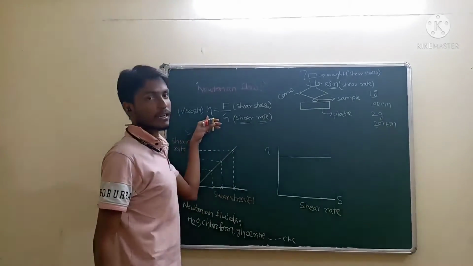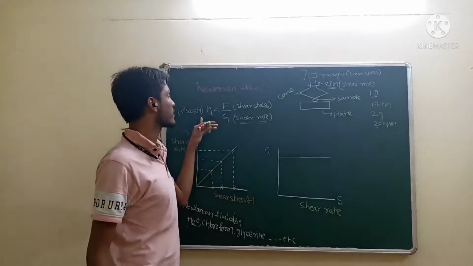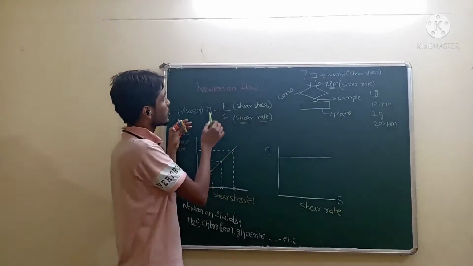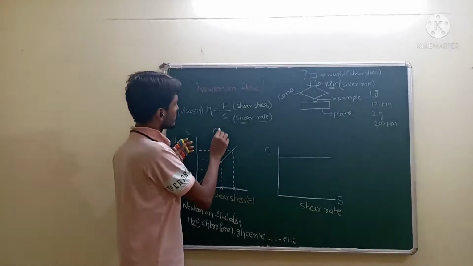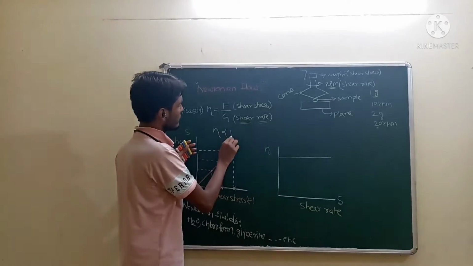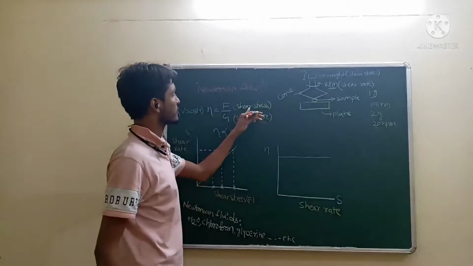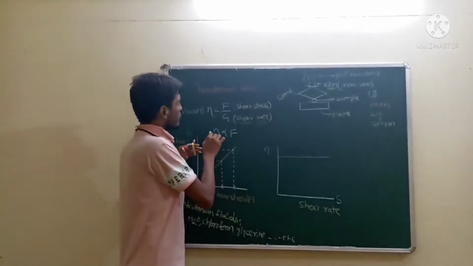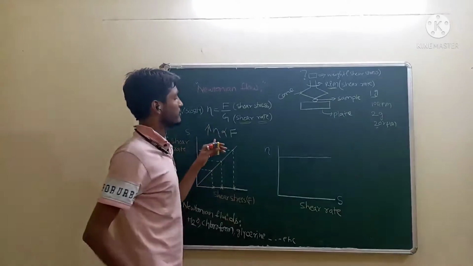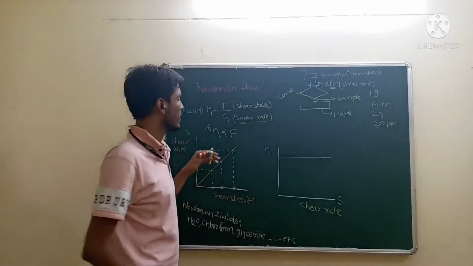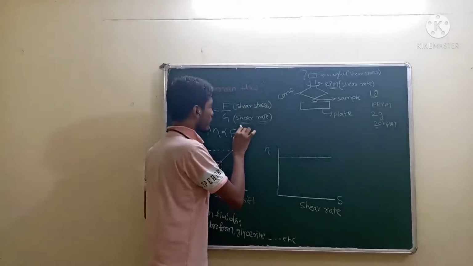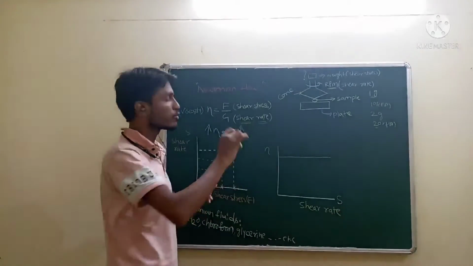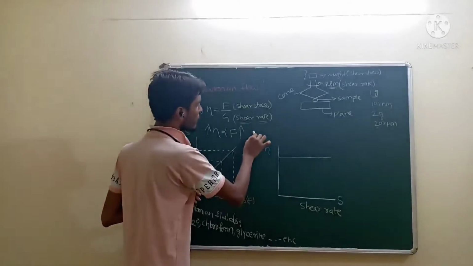So Newton has derived one relation. What he has done means viscosity is directly proportional to the shear stress. Shear stress is nothing but force. If a liquid has more viscosity, more force is required in order to make that liquid flow.